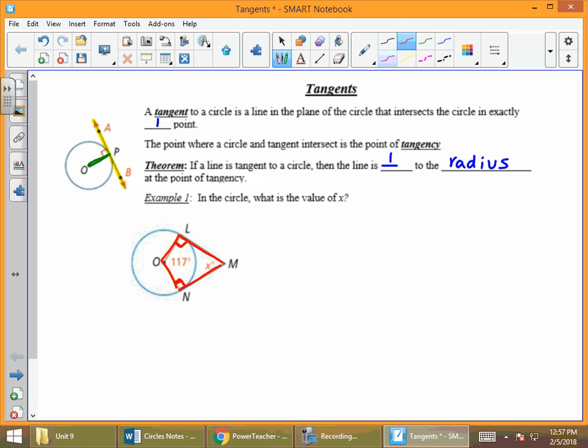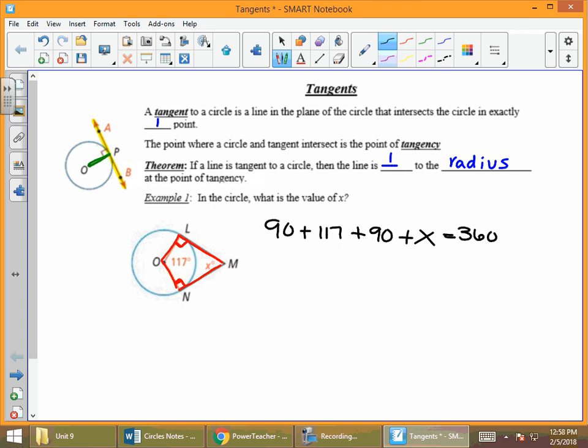Okay. If we know both of these are 90, what do we know about a four-sided figure? What do all the angles of a four-sided figure add up to? 360. So we can do 90 plus 117 plus 90 plus x, and that's going to equal 360. And then you just solve for x.